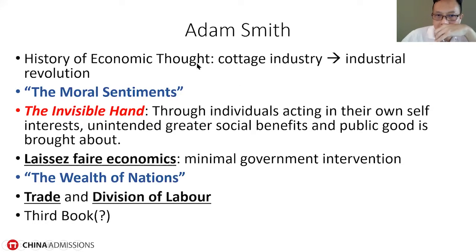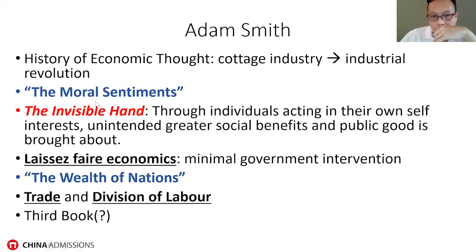If you relate this to years ago when business was simply cottage industry, where small businesses made small little things, and there's no mass production, so a lot of things are still made manually. Because of that, you are not able to produce a lot of goods, and you cannot produce a lot of goods cheaply. Now with the notion of division of labor, business people are able to specialize. So you specialize on what you're good at making, what you're efficient at making, and then we trade. And through that, wealth could be built up.